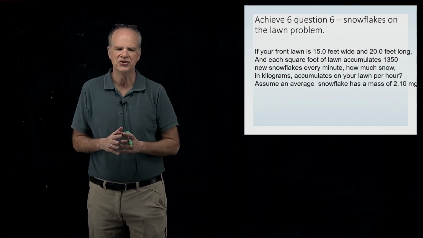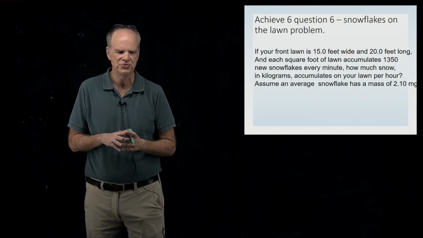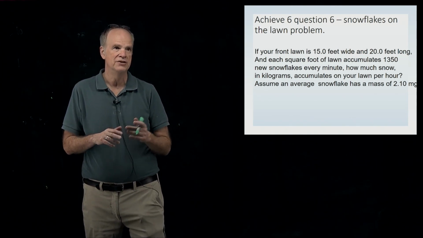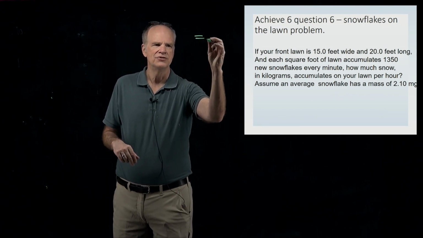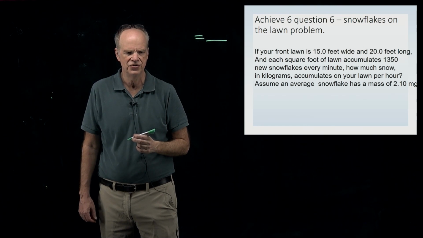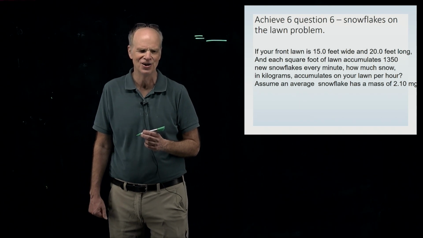Okay, so I consider this to be a fairly difficult problem. And so what I first want to do is figure out where we want to end up. They want to know how much snow in kilograms accumulates on your lawn per hour.